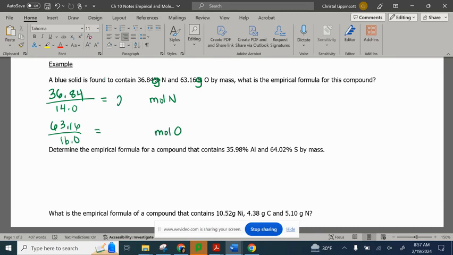So this is going to be 2.63. This is going to be 3.95. So what I've done so far is I've converted my percents into grams, then divided by the molecular mass off the periodic table for each item and turned those grams into moles. Everybody with me so far?